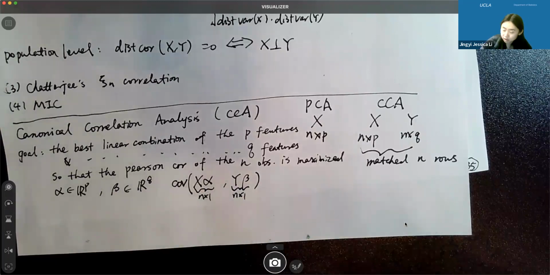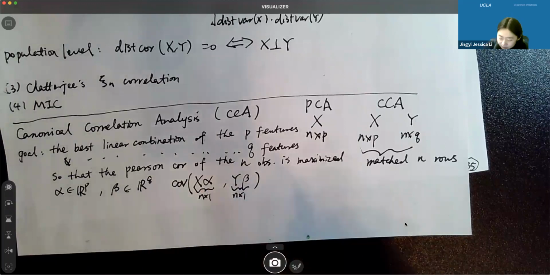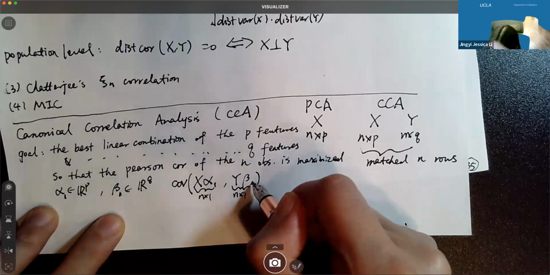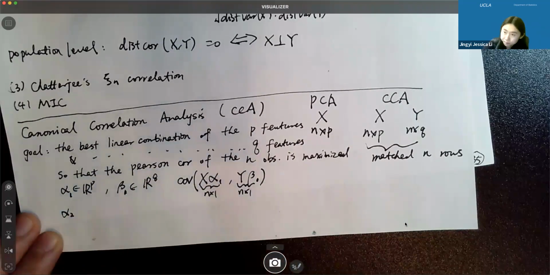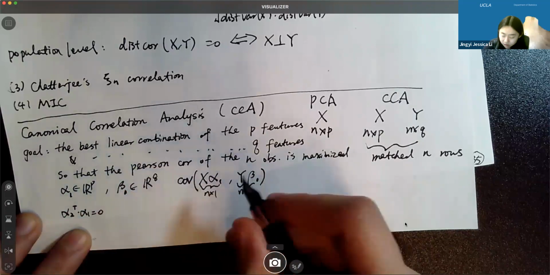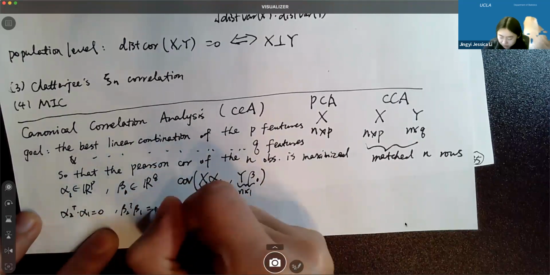And you can continue. So let's call them alpha 1, beta 1. Then we can continue to go to, say, alpha 2, beta 2. And alpha 2 must have this inner product with alpha 1 equal to 0, and beta 2 must have this inner product with beta 1 equal to 0.